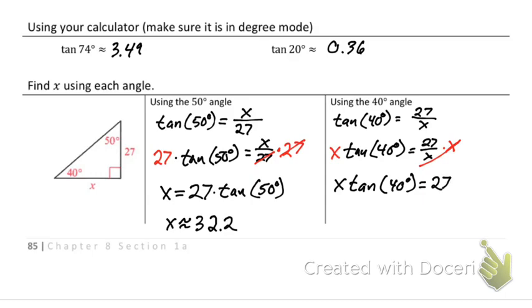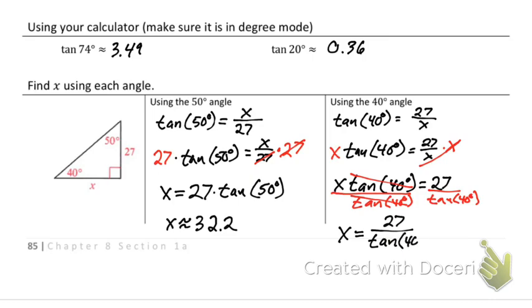Now I'm going to divide both sides by that tangent 40. So our tangents are going to cancel out, and you're just going to have x equals 27 over tangent of 40. I want to stop right there.